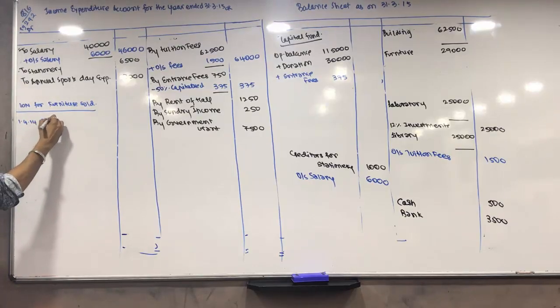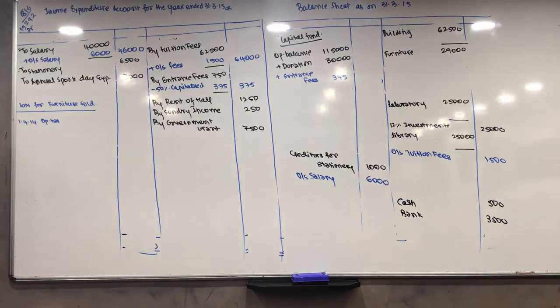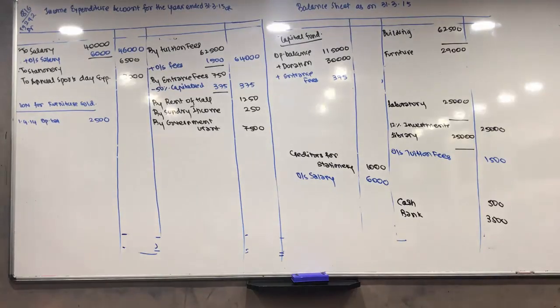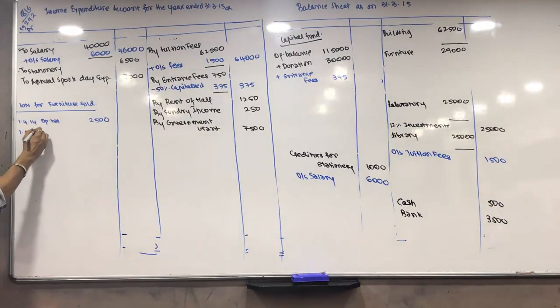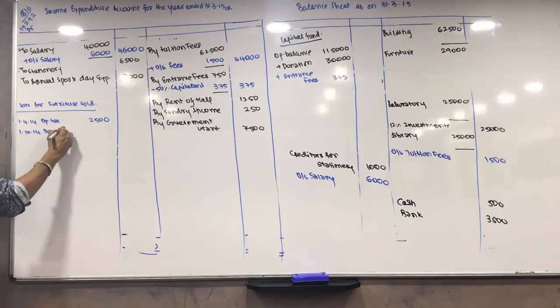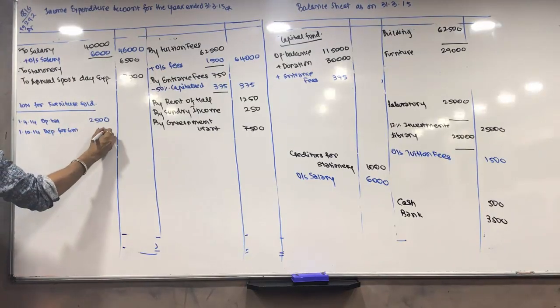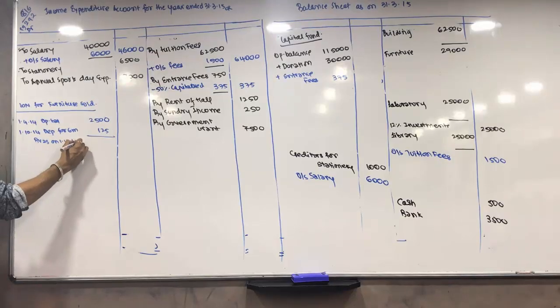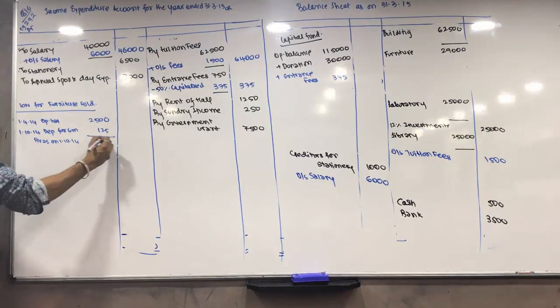1/4/2014 opening balance was 2500. Did everyone get this? Then on 1/10/2014 depreciation for 6 months 125. So book value as on the date of sale is 2375.